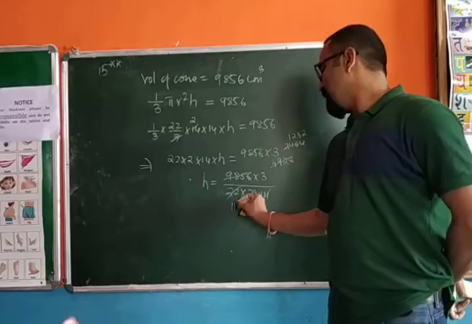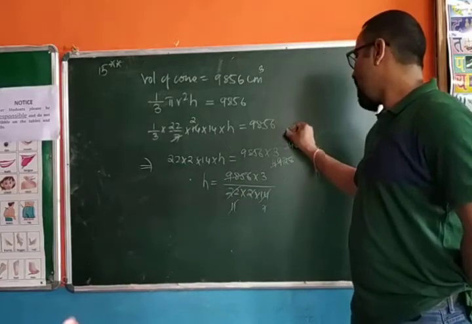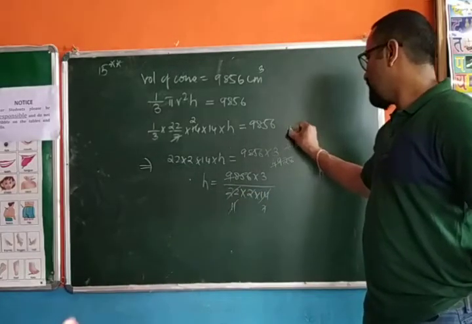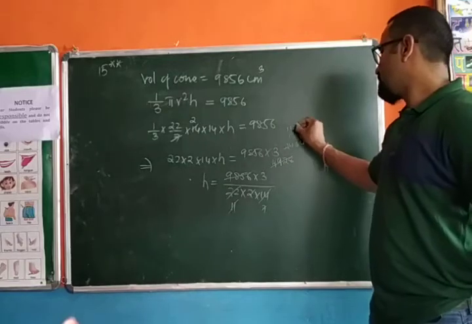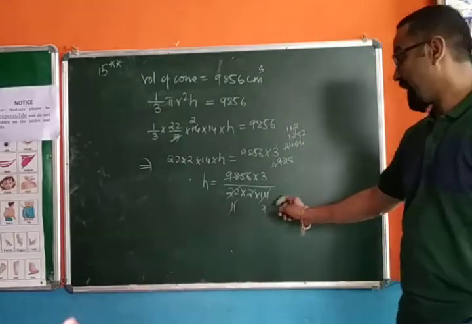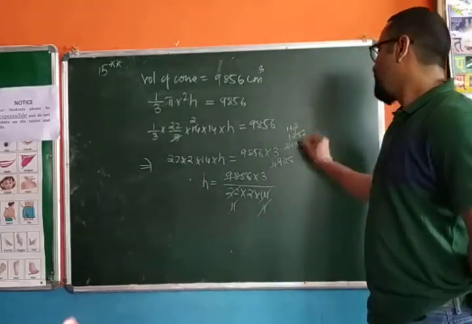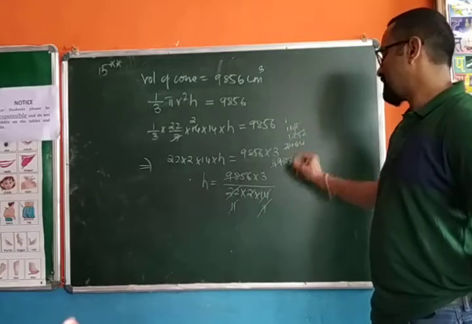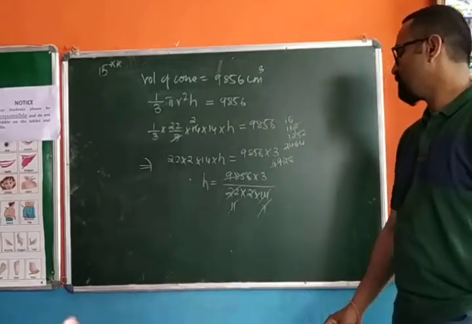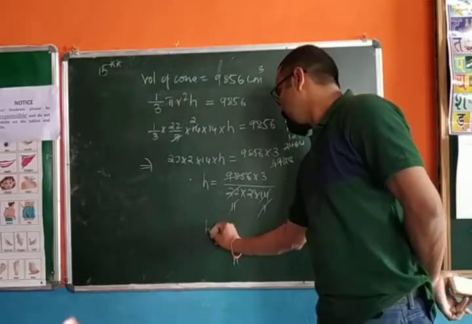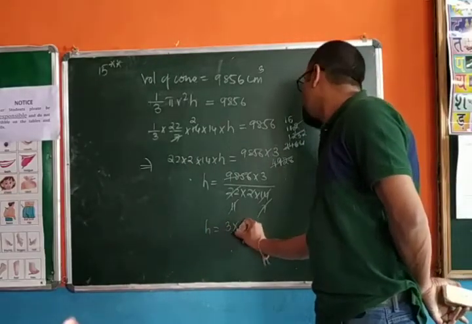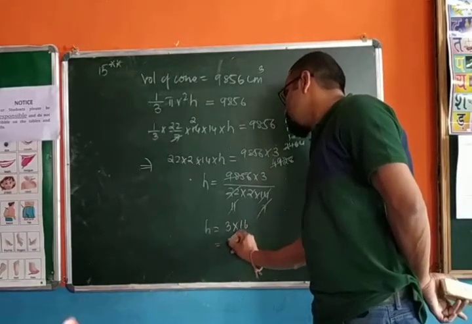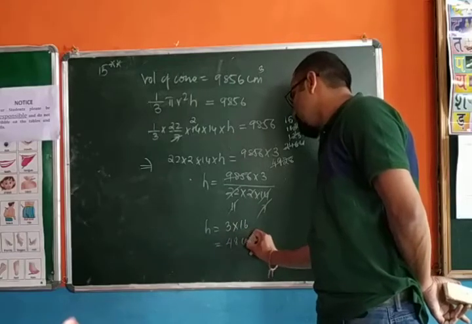It is divisible by 11 now. 11 ones, 1 is left. 11 1, 2 is left. 11 2 times. Now you can cancel by 7. 7 1, 4 is left. 7 6 times 42. Height equal to 3 multiplied by 16, which is equal to 48 centimeter.